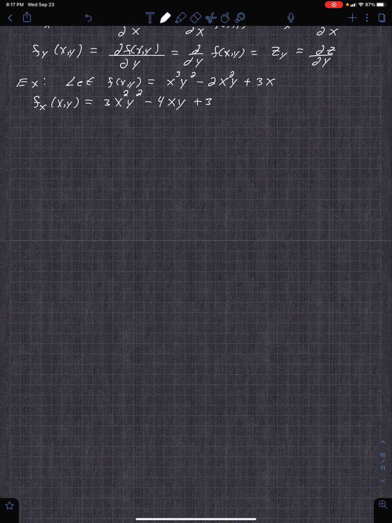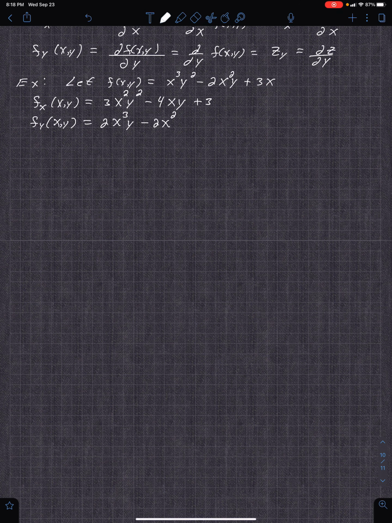Okay, and then partial f with respect to y, same idea. You hold or treat x like a constant. And so now it's with respect to y, so this is 2x cubed y, and then minus that, and so derivative of y is just 1, so it's 2x squared.